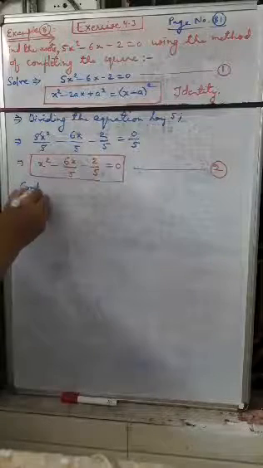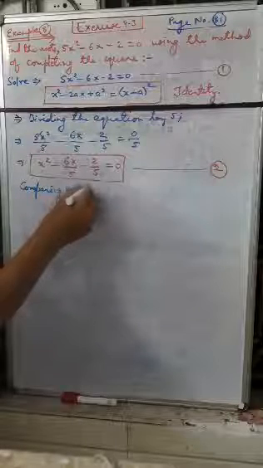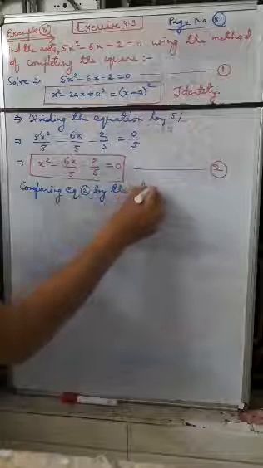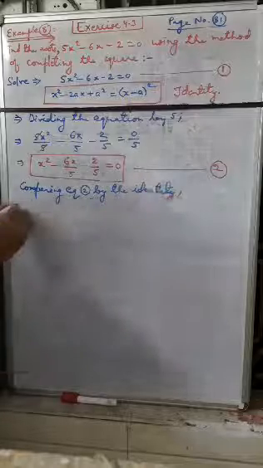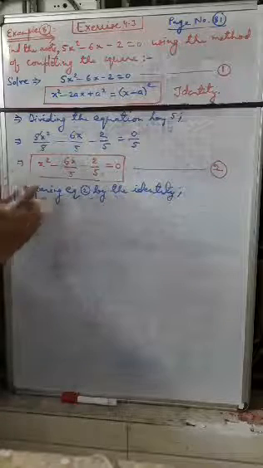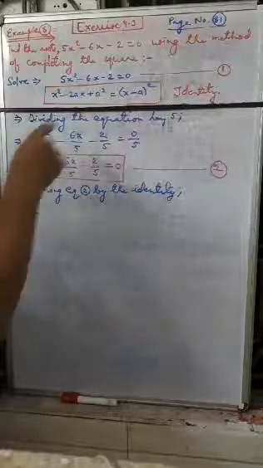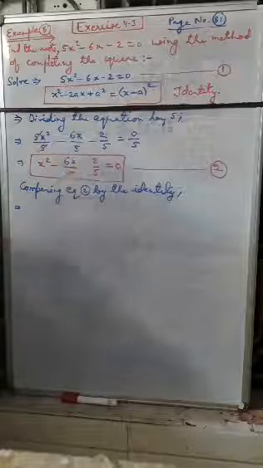Comparing the equation by using the identity here: x square minus 2ax plus a square is equal to x square minus 6x by 5 minus 2 by 5.